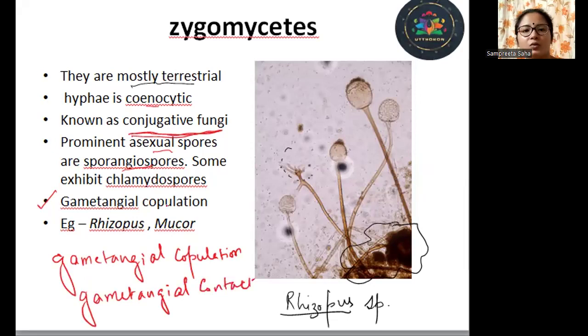These are two processes found in fungi for sexual reproduction. The subtle difference is that in case of copulation, the gametangium that is formed is not retained. Whereas in case of gametangial contact, a tube is formed through which the nuclei are transferred. So in detail, I'll be discussing the reproduction later on.